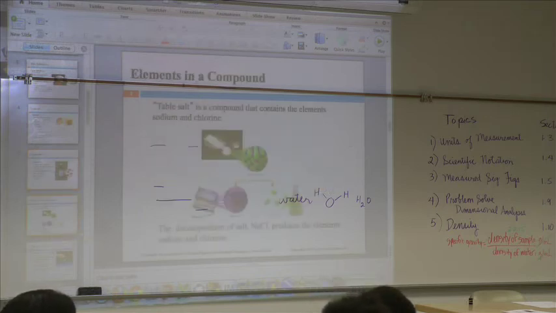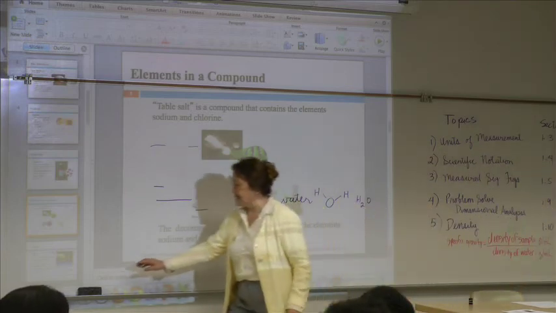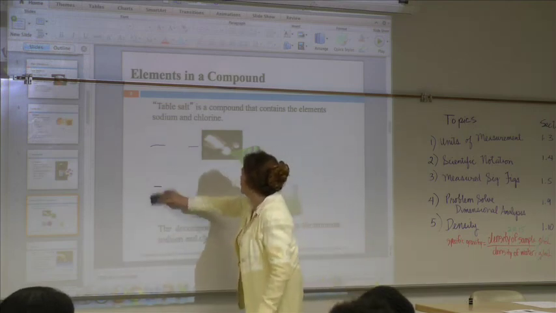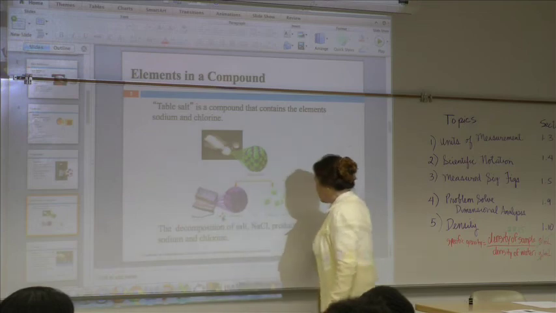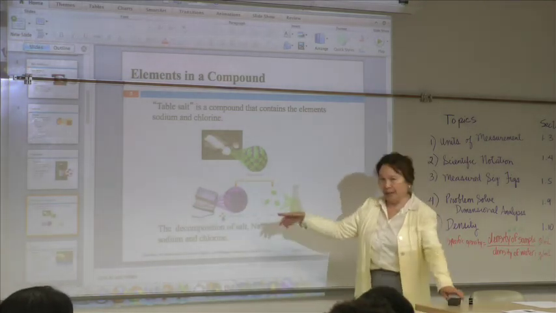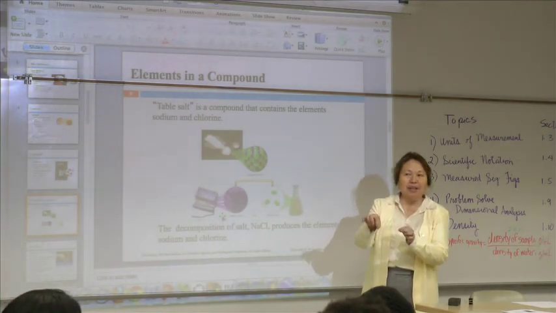So table salt, elements in a compound, table salt has sodium and chlorine. So we take sodium metal, and we vaporize it and make it react with chlorine gas, and you get a solid product called sodium chloride or table salt. So the metal, right? What happens when we cut up a little bit of pea-sized metal and put it in water?